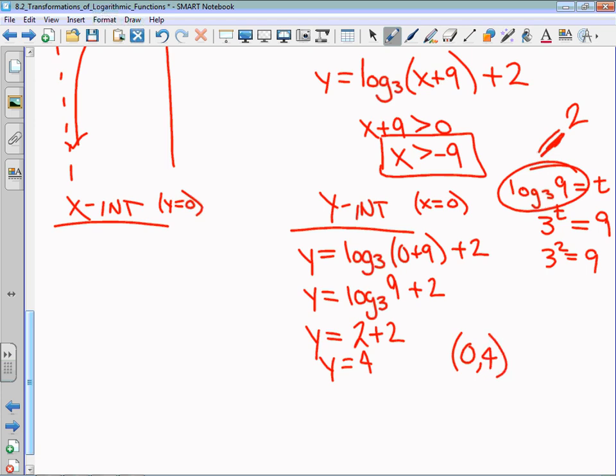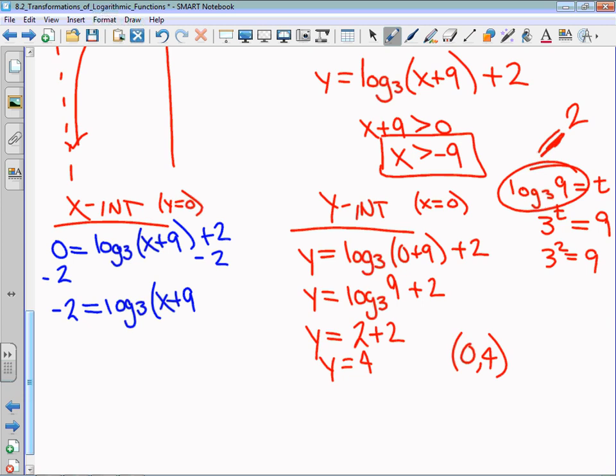The other half of this is the x-intercept. If y is equal to 0, we have that 0 is equal to log base 3 of (x plus 9) plus 2. A little bit harder to solve. I'm going to move the 2 to the other side to isolate my logarithm. I get that -2 is equal to log base 3 of (x plus 9). And now I'm going to switch to exponential form to get rid of the logarithm.